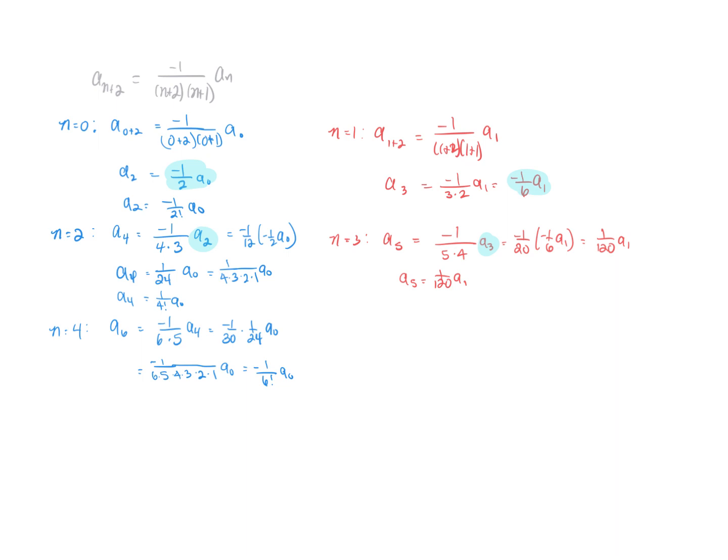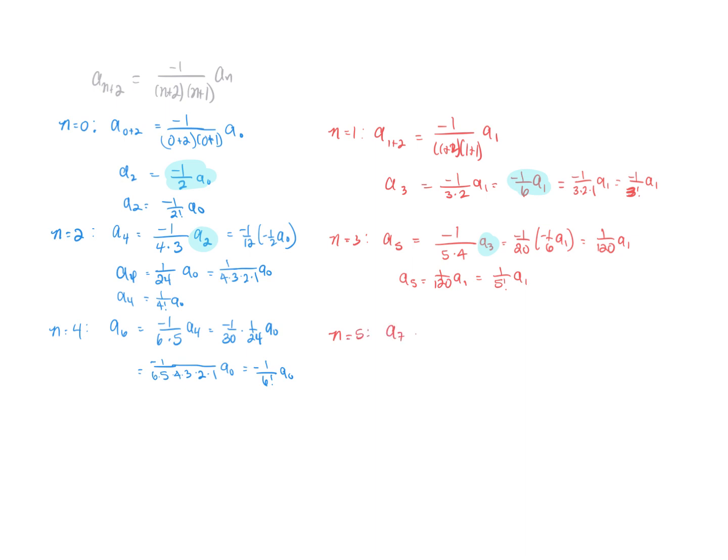So this trend continues over here with our odd valued n. So when we have 3 times 2, that's the same as negative 1 over 3 times 2 times 1, a sub 1, or negative 1 over 3 factorial times a sub 1. When we now bring in 1 times 2 times 3 times 4 times 5, we end up with a sub 5 is 1 over 5 factorial a sub 1. And let's look and see what happens when we look at n equals 5.